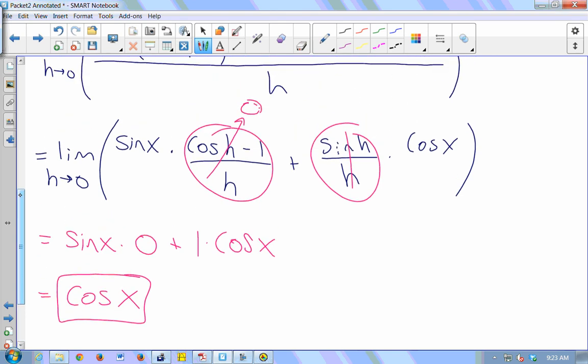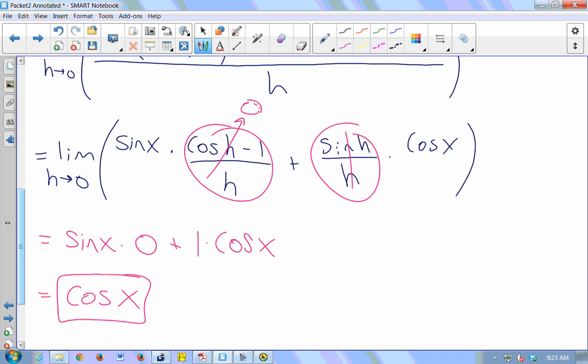So it all rests on those two limits. Because when we're in radian mode, these limits are 0 and 1, the derivative comes out all nice and pretty as cosine x. These limits are not 0 and 1 when you're in degree mode, which means that the derivative of sine is not cosine if you're in degree mode.